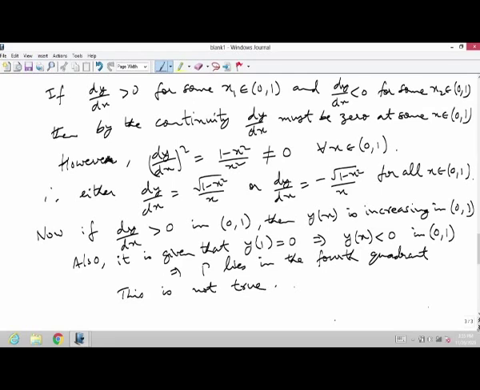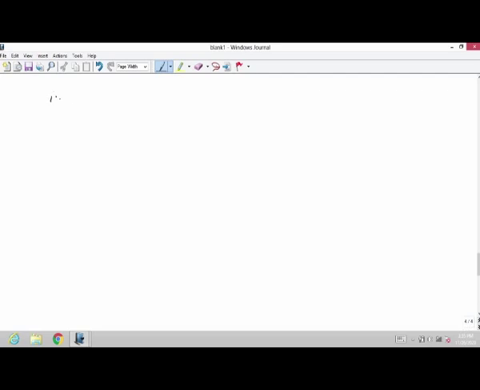So, therefore, dy/dx is with negative sign. So, this is negative of square root of 1 minus x square by x for x belonging to (0, 1).